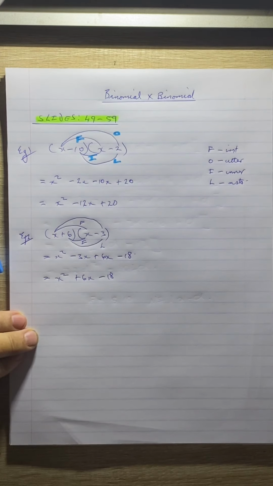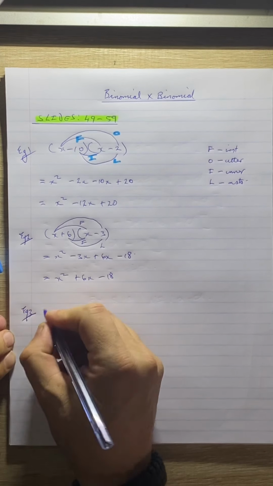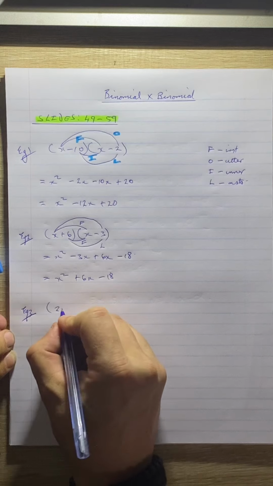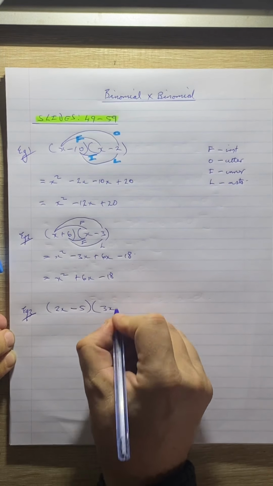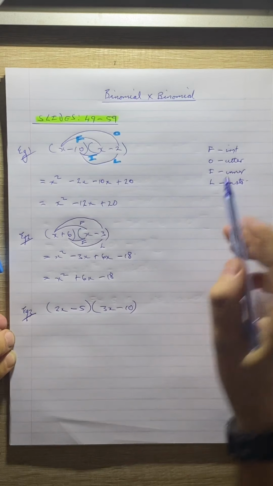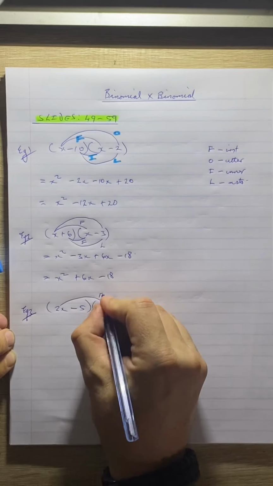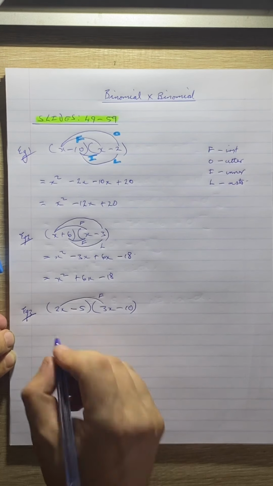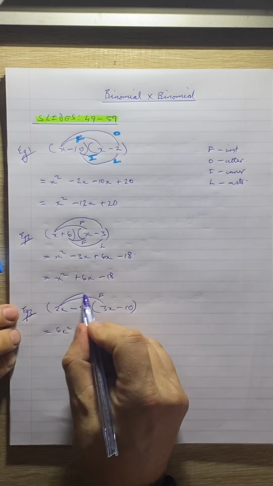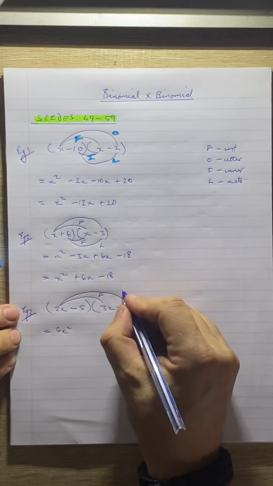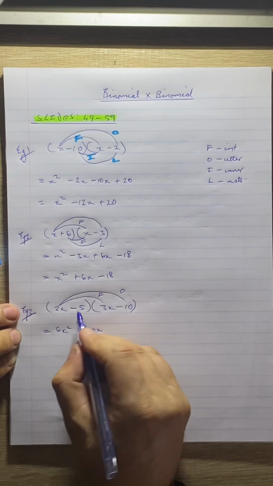Okay. Going on to example 3. We've got 2x minus 5, 3x minus 10. We're going to use FOIL: first, outer, inner, last. So the first gives us 2x times 3x gives us 6x squared. Outers, 2x times minus 10 gives us minus 20x.